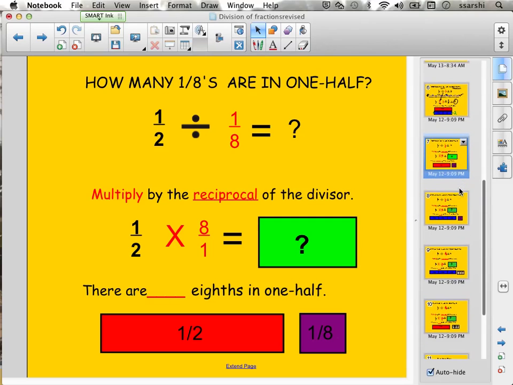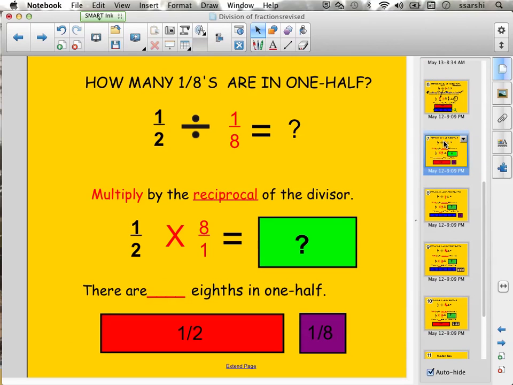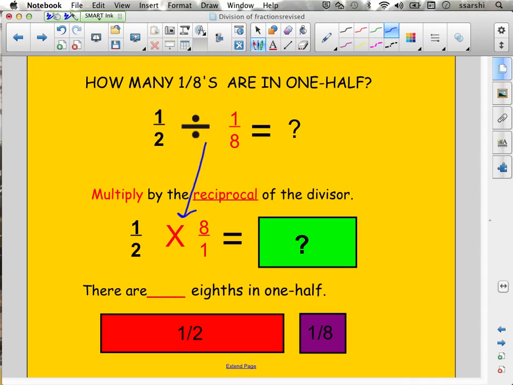So our next problem is, how many eighths are in 1/2? 1/2 divided by 1/8 equals. So we turn that into a multiplication problem and multiply by the reciprocal. 1/2 times, so we've taken our division sign and changed it to a multiplication sign.